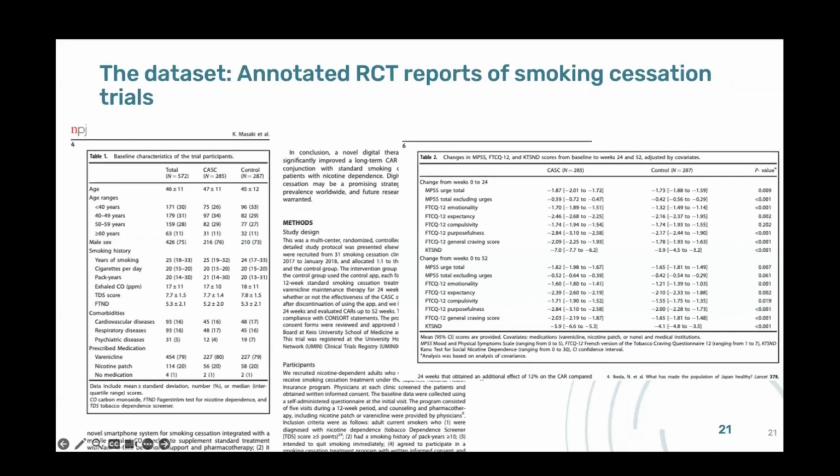And just to take a brief but more detailed look at what the data set actually consisted of, you see here an example. The data set are reports of published trials of smoking cessation interventions. These reports are published as PDFs.